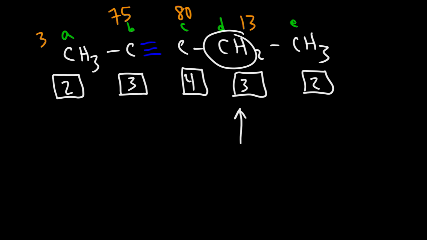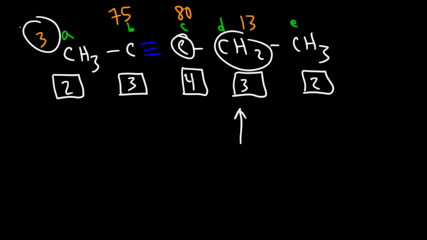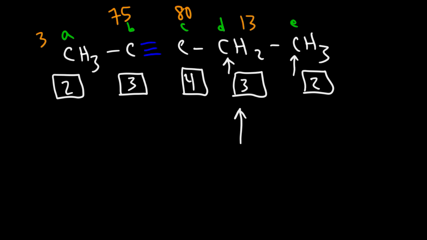Even though the score value is a factor, it's not the only factor to consider. So in this case, it may not always give you the best answer. We do have to consider the fact that carbon D is adjacent to the alkyne, which has the effect of lowering the chemical shift. So sometimes this carbon will be lower than this one. And for this example, that's what's going to happen.